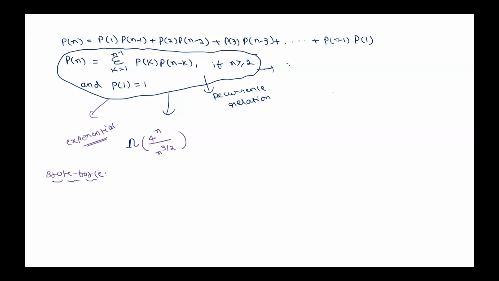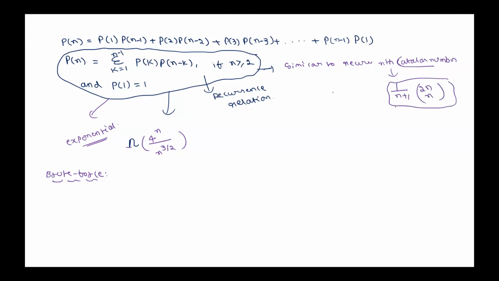This recurrence is similar to the recurrence for the nth Catalan number. What is the nth Catalan number? 1 by n plus 1 into 2n Cn.